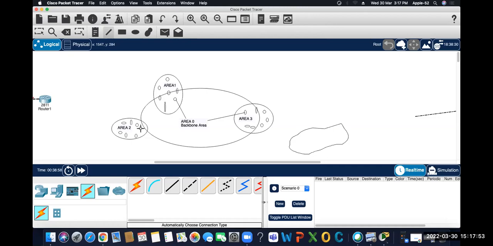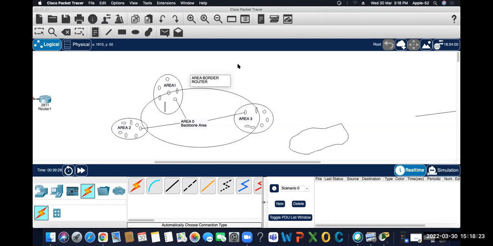One or two routers, I will tell you. These routers will act as ABR, area border router. These routers will be known as area border router.